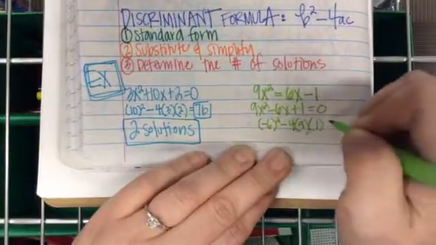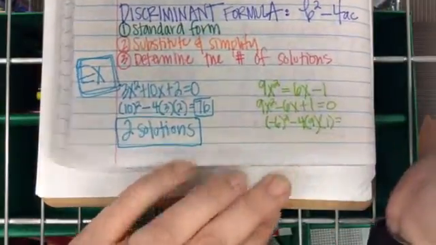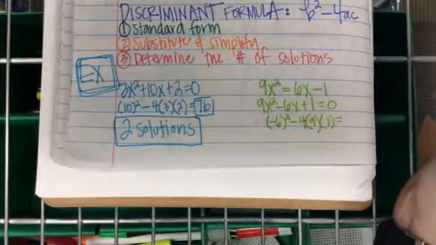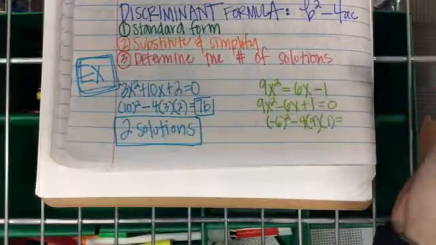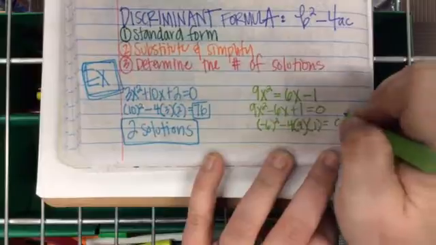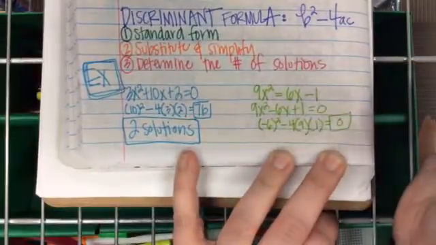Positive 1. Negative 6 times negative 6 is 36. Minus 4 times 9 is 36, times 1 is 36. 36 minus 36 equals what? 0.